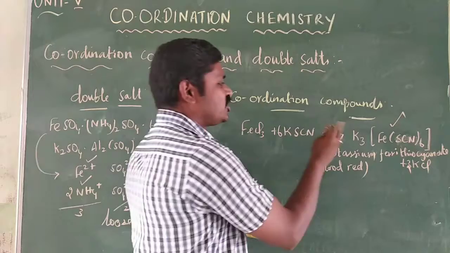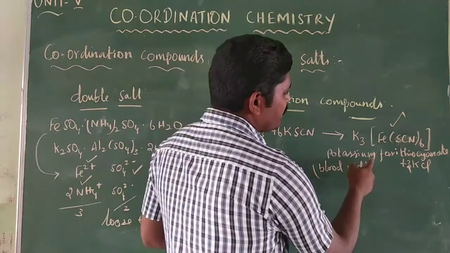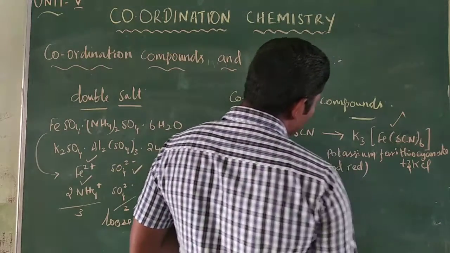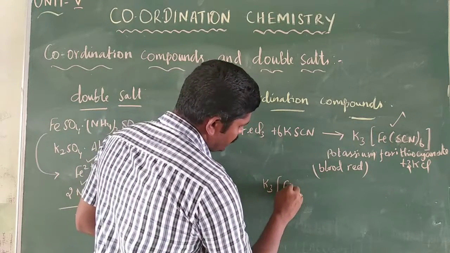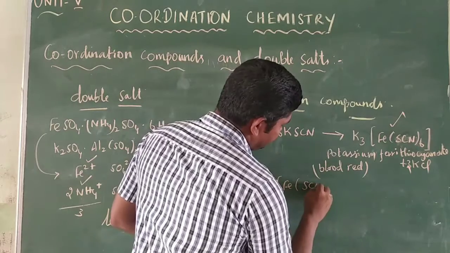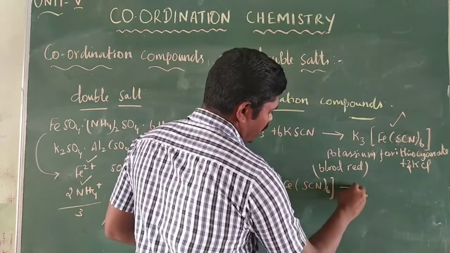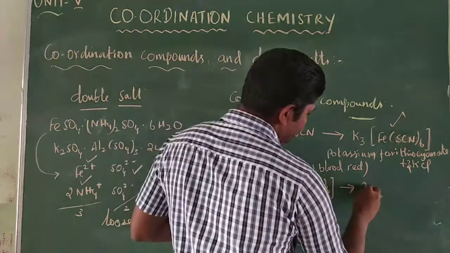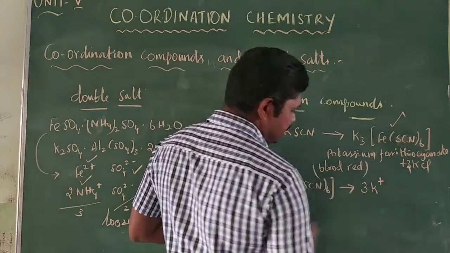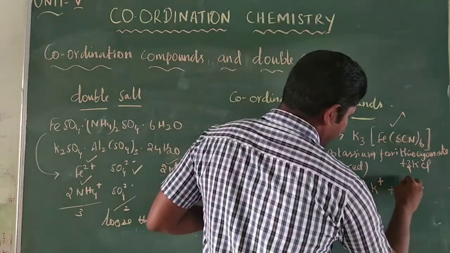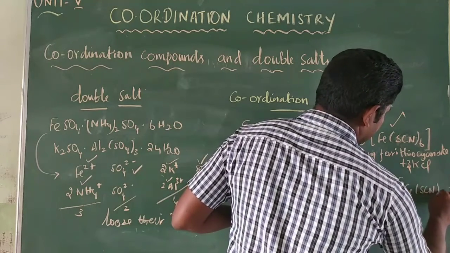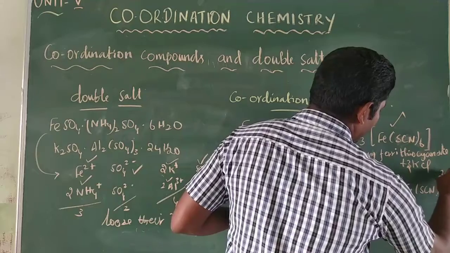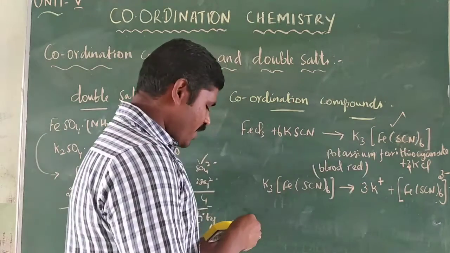But in coordination compounds, the potassium ferrithiocyanate, K3[Fe(SCN)6], dissolves in water to give 3K+ plus [Fe(SCN)6]3-.